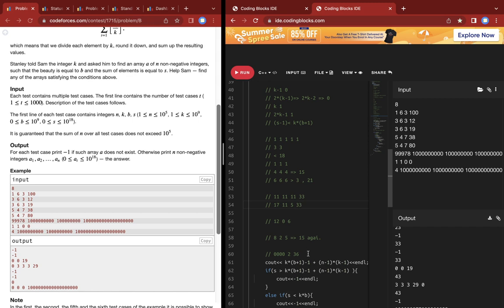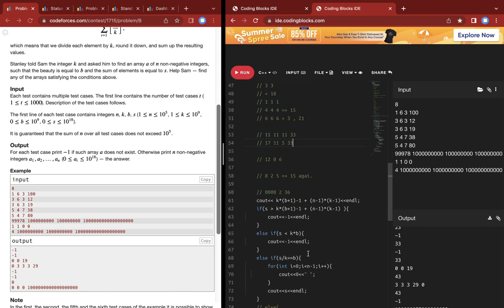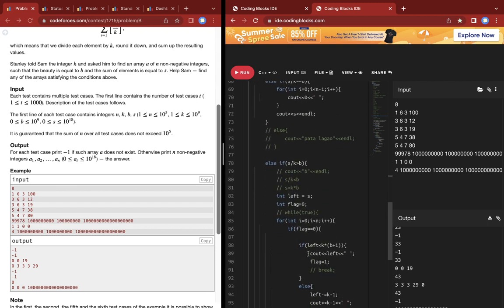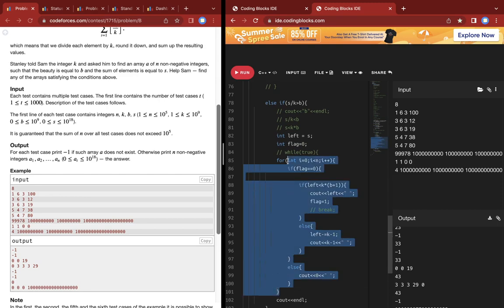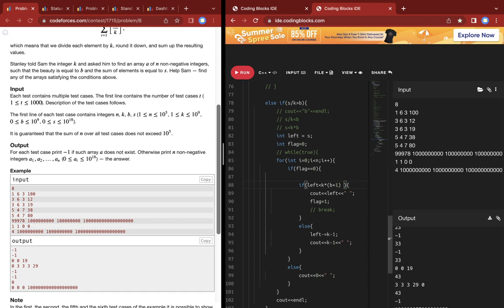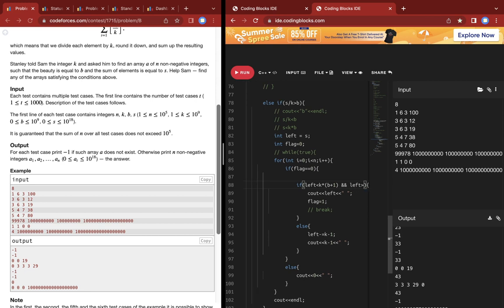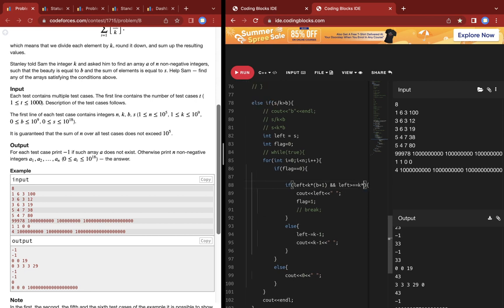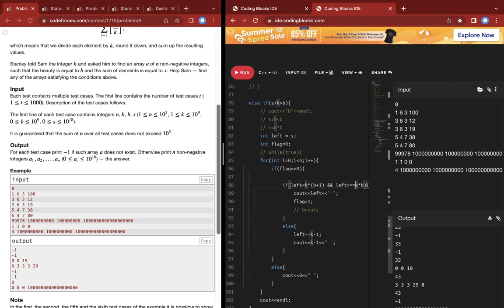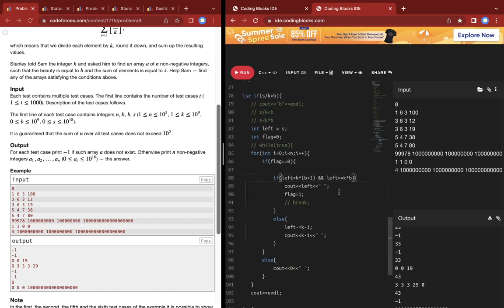So what's the problem? So maybe the problem is in this thing. But this is obvious, right?